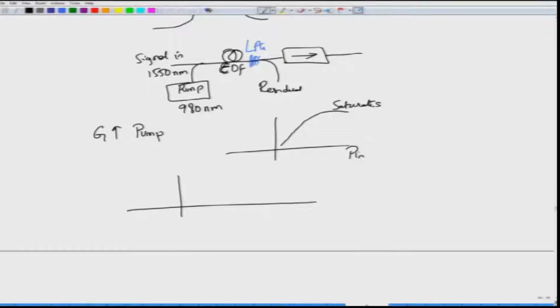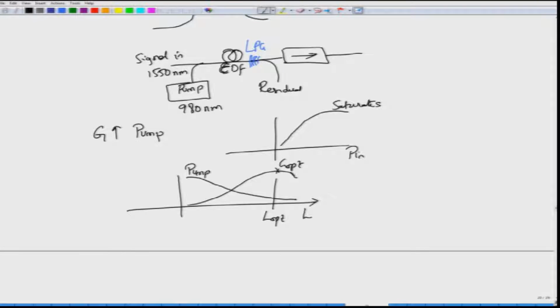In addition, the gain reaches a certain maximum value for a certain optimum length of the fiber. So if you start increasing the length of the erbium doped fiber, then the gain initially begins to increase, and then after a certain value, which is the optimal length, the gain starts to decrease. Again, the reason is that along the fiber the pump power that you have applied will start to decrease.